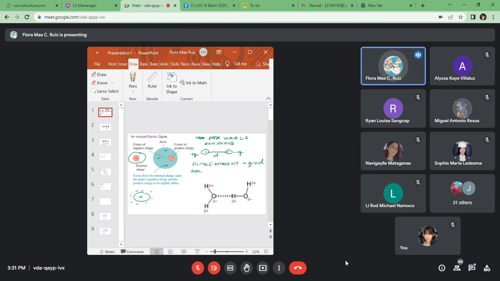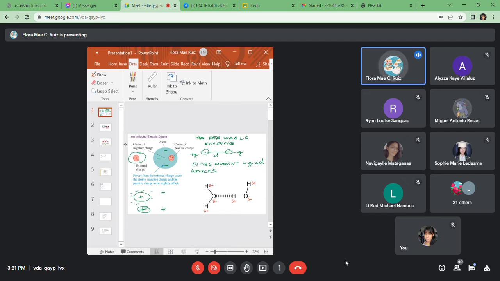I say induces because we created a dipole, meaning duha ka poles, okay? Duha ka poles, so you have the negative pole, and you have the positive pole. So before, neutral sa yung atom, your positive and negative are just here, okay? Your centers are together.